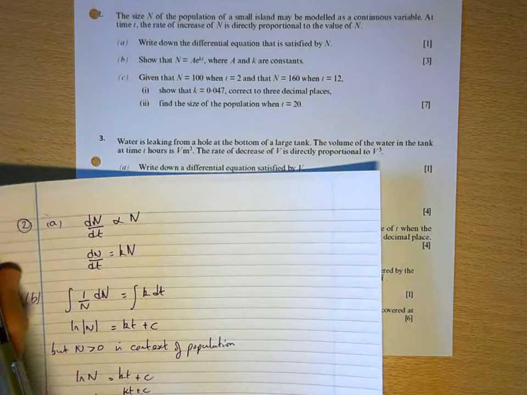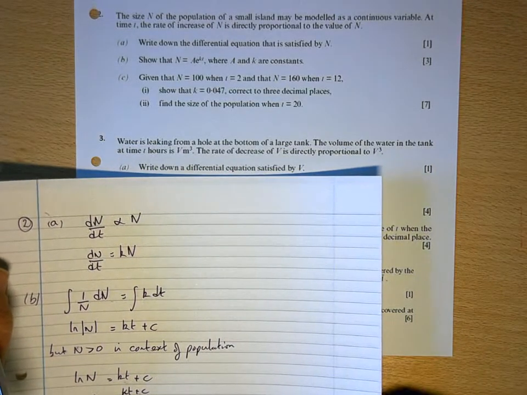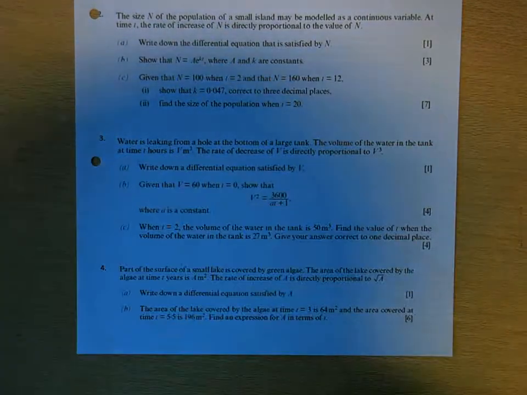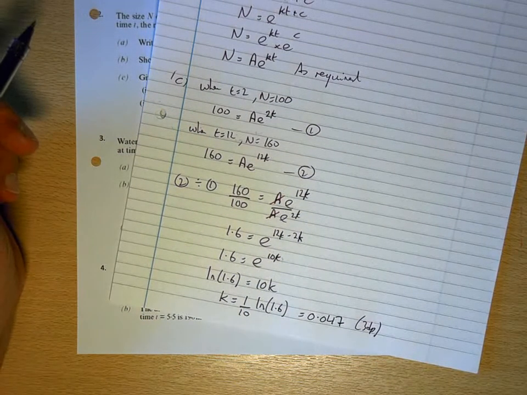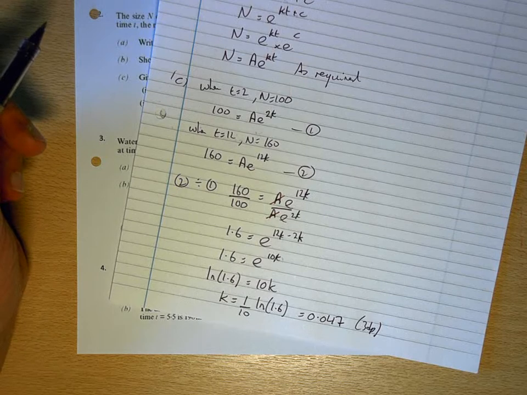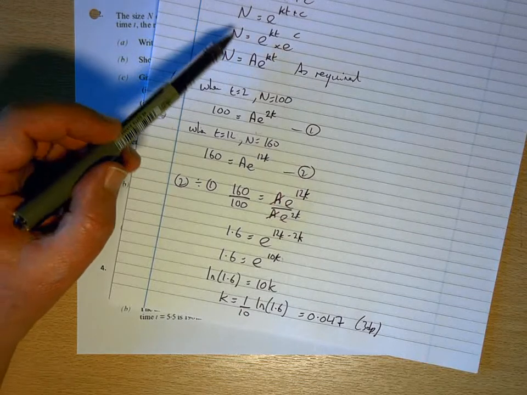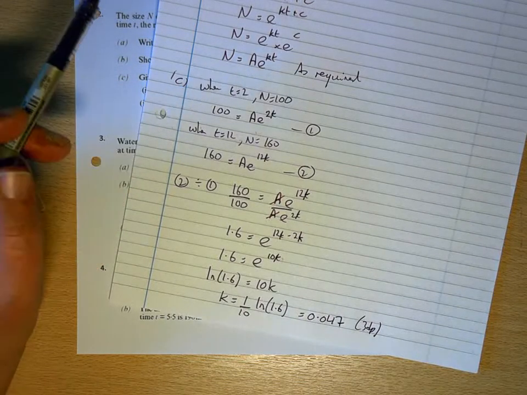Then find the size of the population when t equals 20. So, to find the size of the population when t equals 20, I need to know what the constant a is.